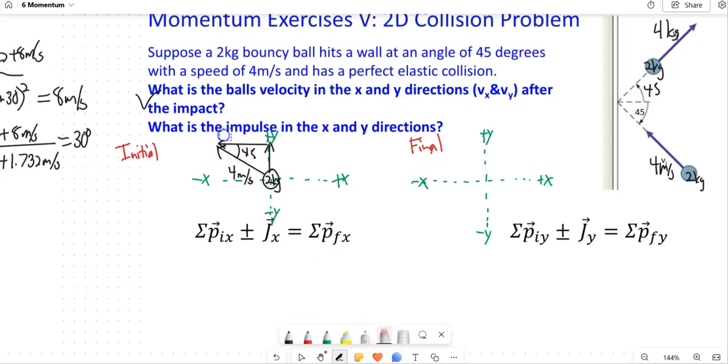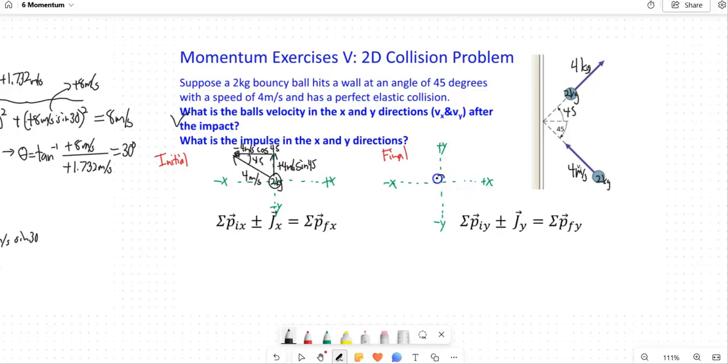So this is going to be negative 4 meters per second cosine of 45 degrees. And this upward one is going to be positive 4 meters per second, because it's pointed upwards, sine of 45 degrees. Okay?